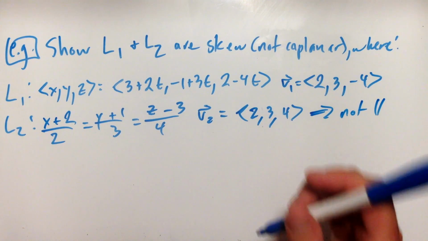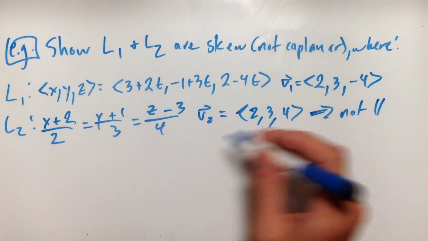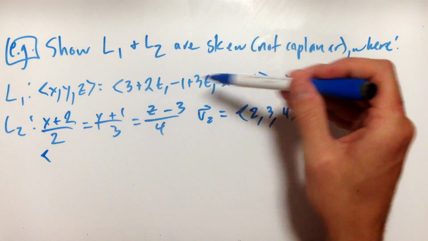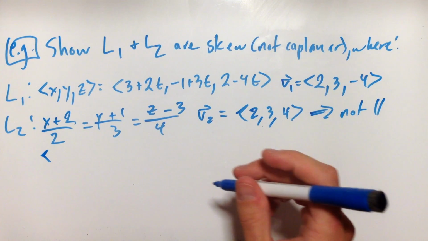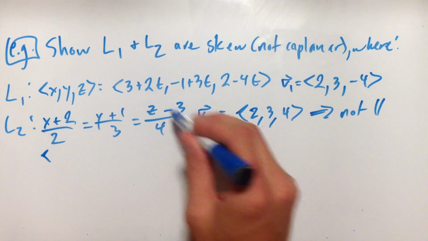So next we're going to see if they intersect each other, and probably the easiest way to attack that is from using parametric equations. So let's write down a set of parametric equations for L2. We've gone this direction a couple of times. Let's go the other way. Let's see.